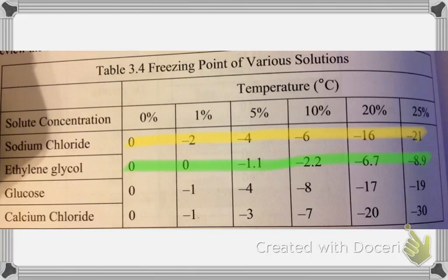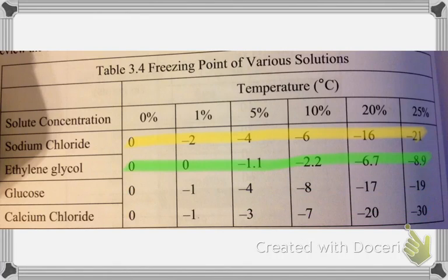The temperature decreases as it gets lower and lower. Our third sample, glucose, shows a similar trend: the more glucose, the lower the temperature. Until we get to calcium chloride, in which we also see the same trend. The more calcium chloride, the lower the temperature at which it freezes.